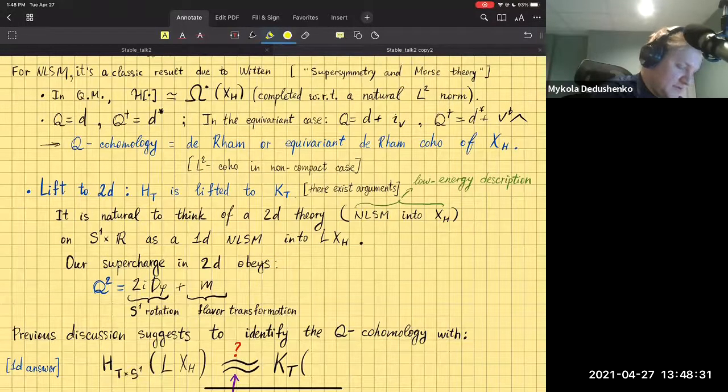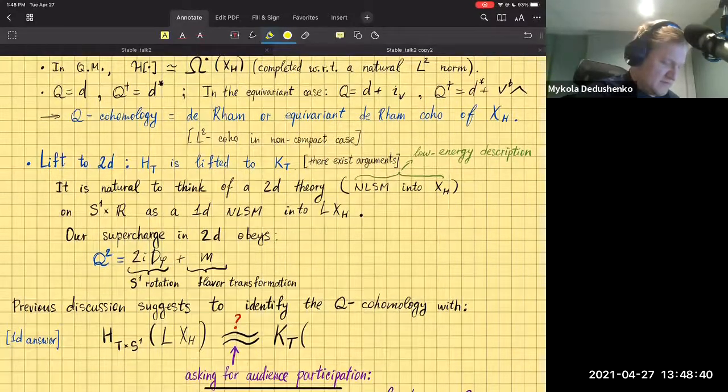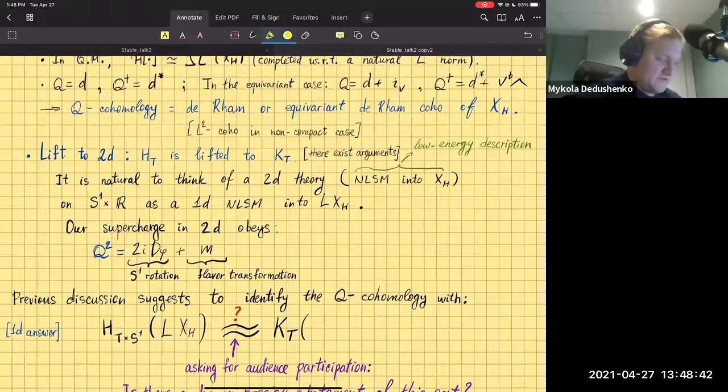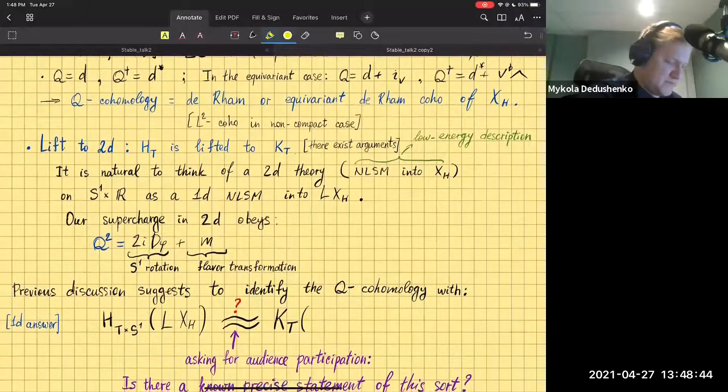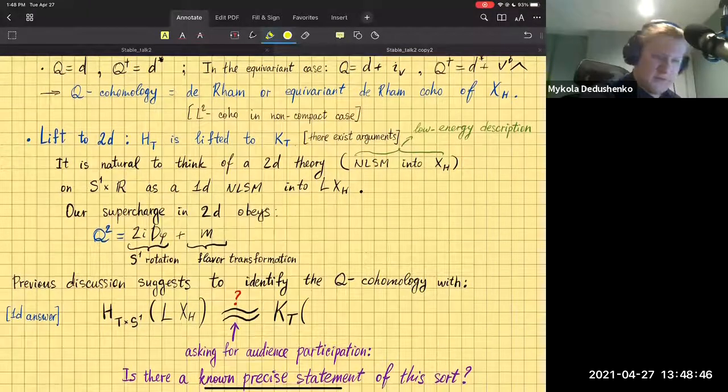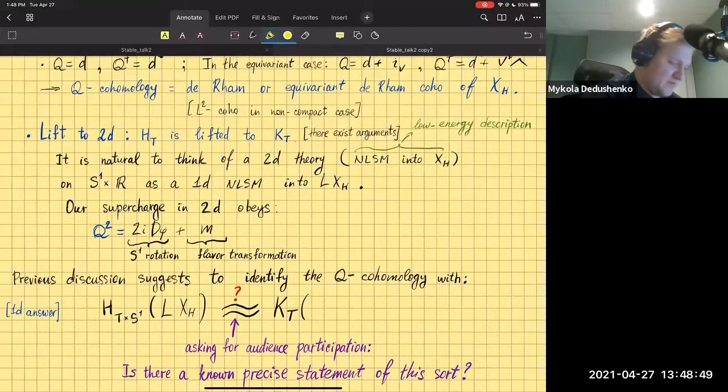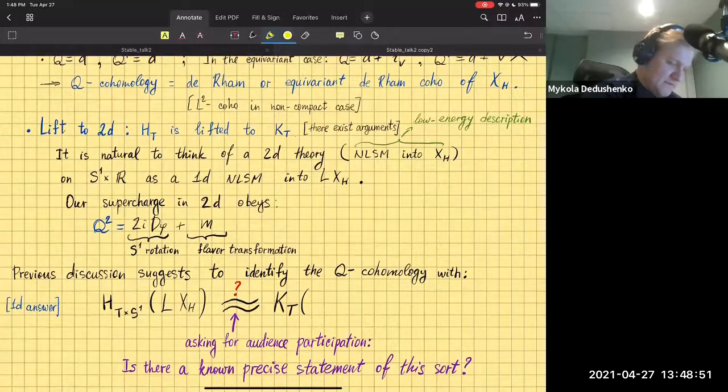And okay, so here, like in the shows, there's a little audience participation time because I couldn't find any precise statement in the literature, but maybe it's something well known, because there are some hints that it might be. So is there any precise way to relate this equivariant cohomology, equivariant with respect to loop rotations, to the K theory of X?